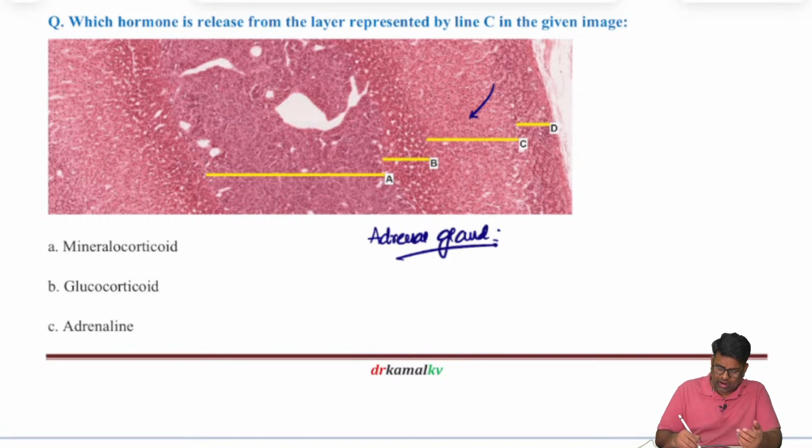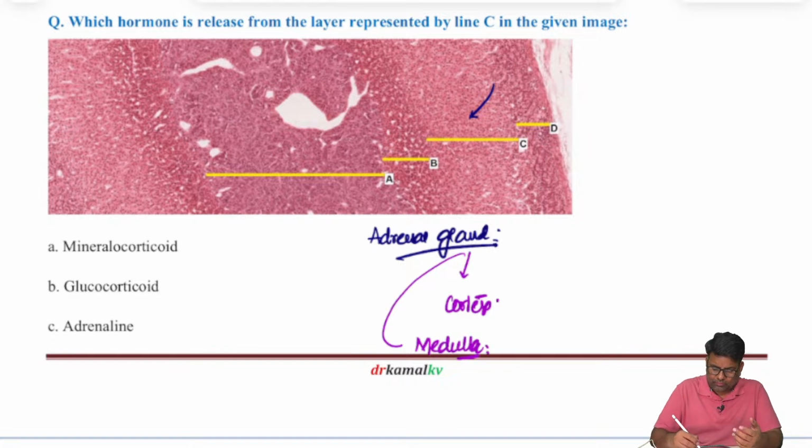Now the adrenal gland has two parts. One is the cortex, and the inner one is the medulla. Clear? So we can see this part is outer and this is inner, right? So medulla is inner and the cortex is outer, right?